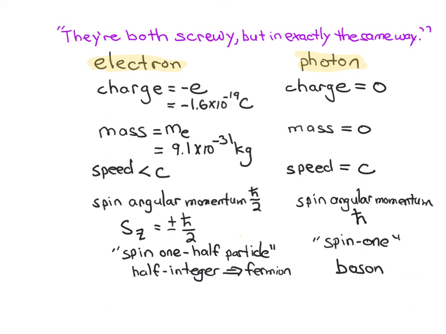And if you make measurements of the spin angular momentum of a photon, it will have magnitude h bar, and it will either be directed along the direction in which the photon is moving or opposite to the direction in which the photon is moving. So the direction of the angular momentum has really one of two choices, either parallel or anti-parallel to the direction of propagation.